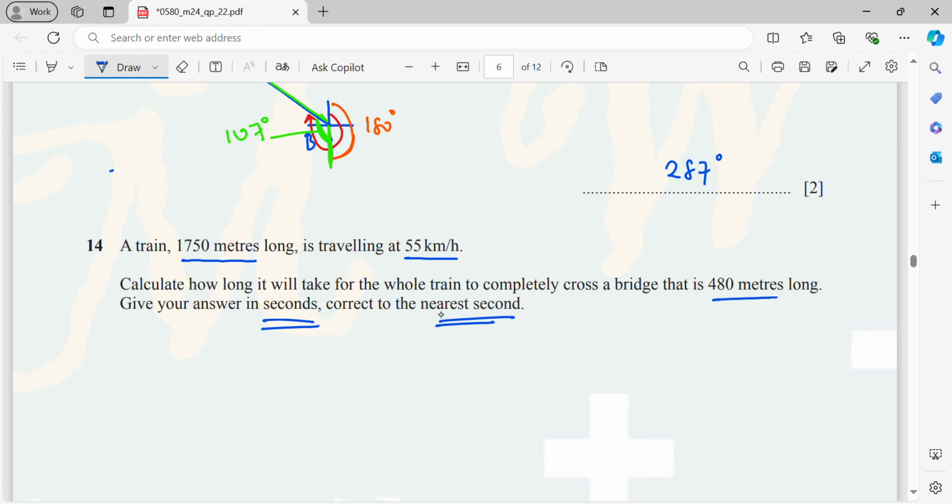Okay, so let's say this is the train. This is a train, 1750 meters long, right? And then the bridge is 480 meters. So here is 480 meters.